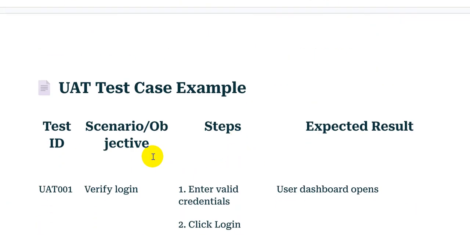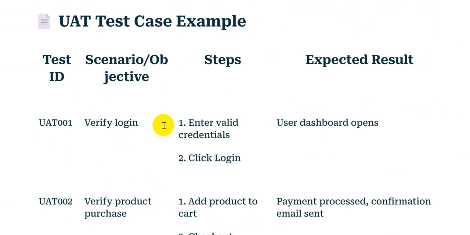Now, next, I just added some scenarios. Suppose we are testing the application. So, what exactly are we creating in the scenario? Here we have scenario objective. Suppose UAT 001, this is the ID. There we are validating the login functionality. So, steps will be enter valid credentials and click on the login button. These are the steps. What is the expected criteria?